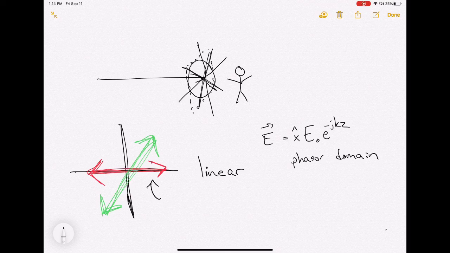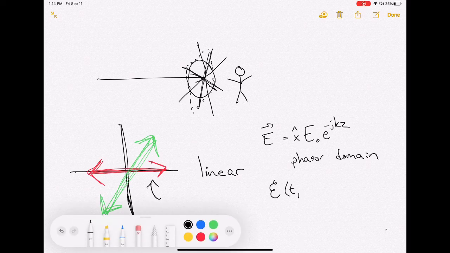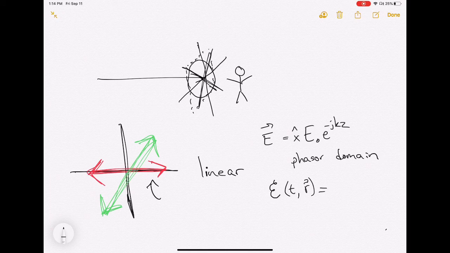So this electric field in the time domain, convention is to use a curly variable letter for that. That would be x hat E naught cosine of omega t minus kz.